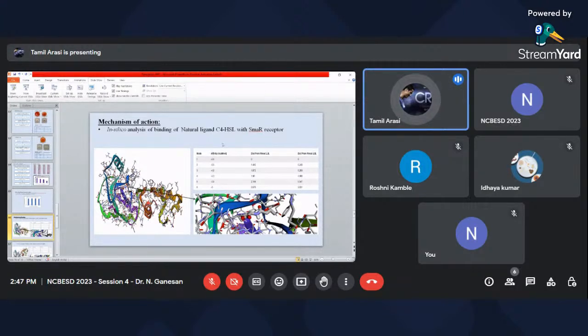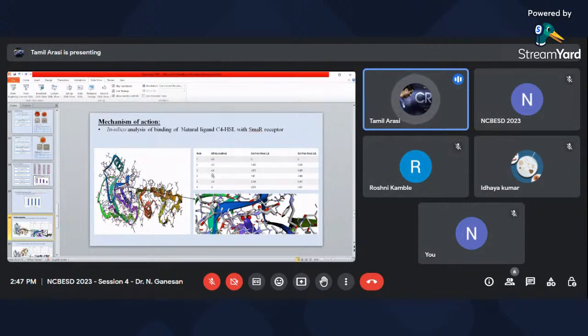Instead of C4HSL, the DADS will go and bind with the SmaR receptor, and it will not increase the quorum sensing mechanism. Instead, it will decrease the activity of quorum sensing, and it will interfere with all the activities, and it will stop all the virulence factors, and it will not inhibit the growth. It will inhibit the quorum sensing mechanism.